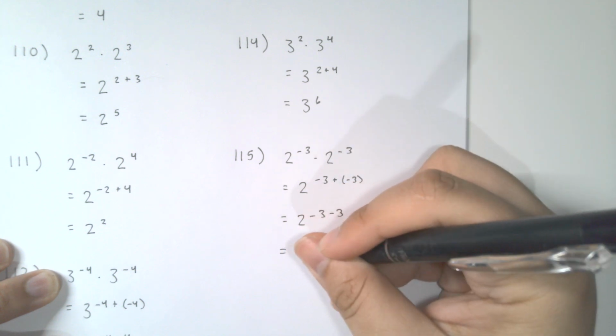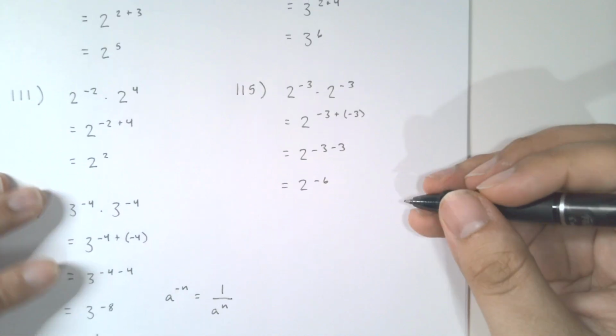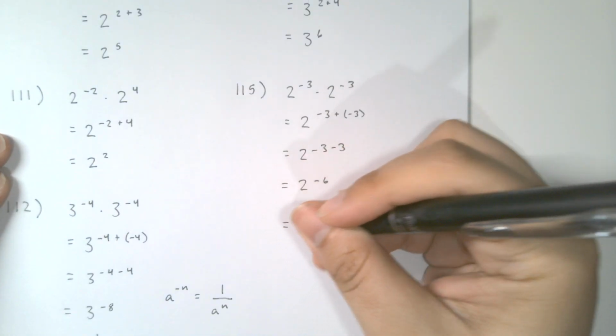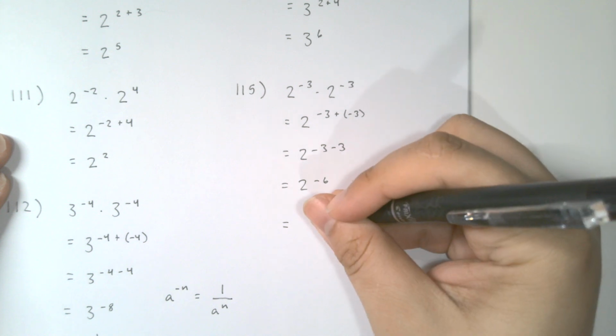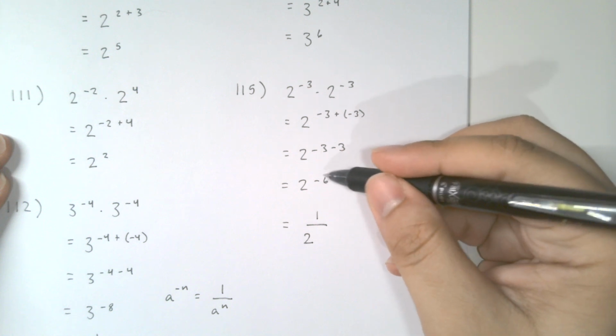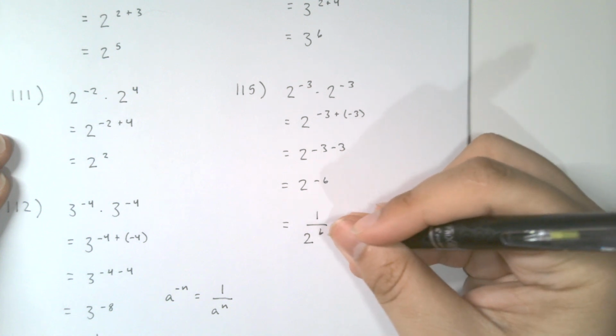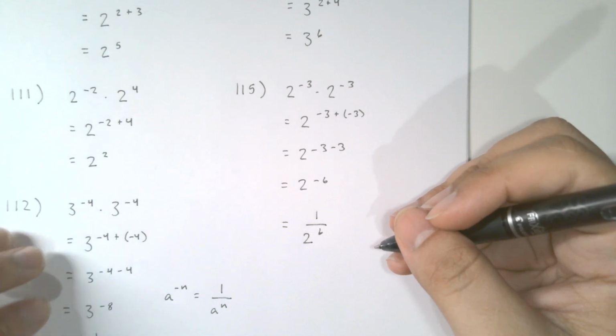And that gives us 2 to the negative 6th. And similar to number 112, if we have a negative exponent here, all we have to do is do 1 over 2 to the power of, negate this, and we have the positive 6th power. So that's number 115.